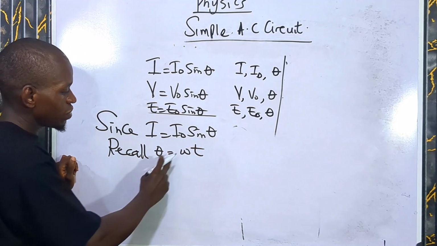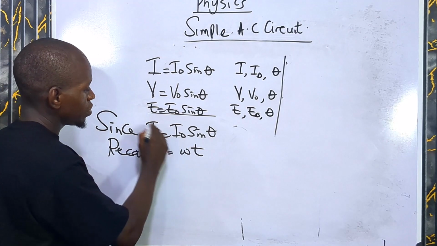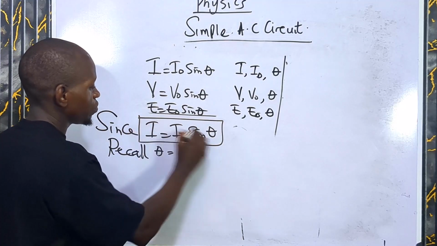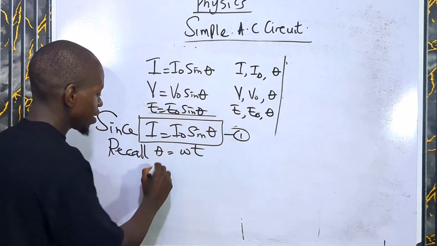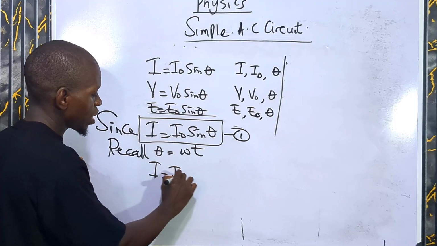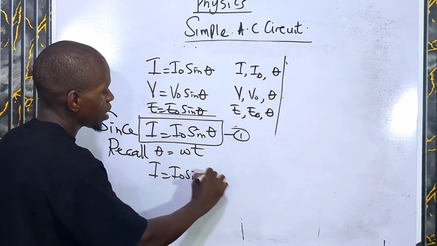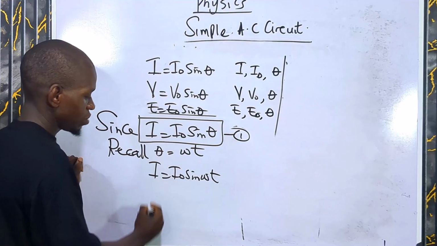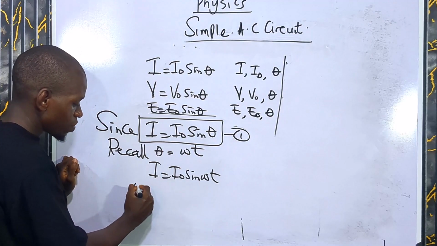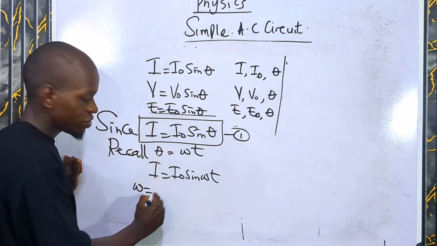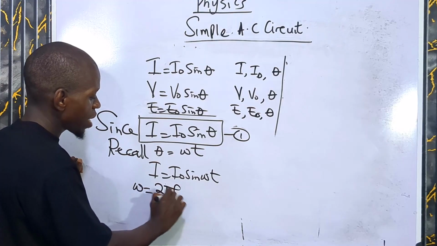So since theta equals omega t, I can now substitute to have I equals I0 sine omega t. I can also recall that my omega, which is my angular frequency, equals 2 pi f.